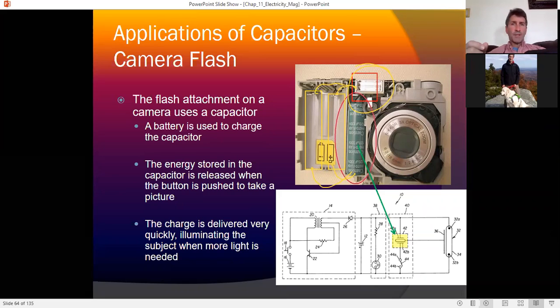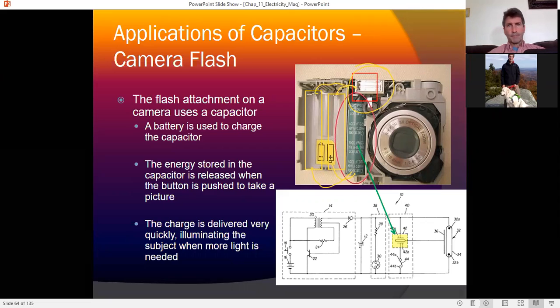To power that laser, you would need more energy than all the power plants on Earth could provide. So what they do is they charge up these massive capacitors. Again, it only needs to go for a millionth of a second. The capacitors get full of energy. They rapidly release the energy to the lasers, and the energy pulses from the lasers and creates nuclear fusion at the target site.